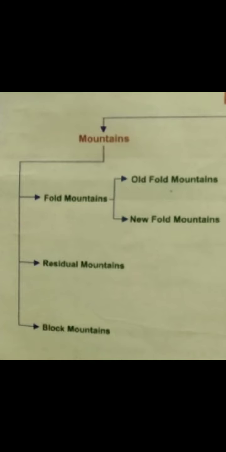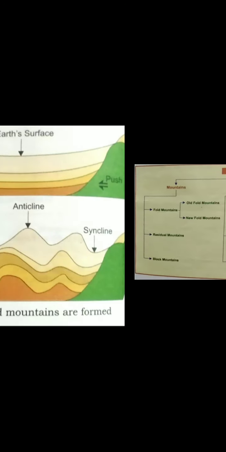Clear? Now we'll come to residual mountains. Can you follow this residual mountain? Now what does residual mountain mean? See, the dots give you the original height of the mountain. But after weathering, because of heavy rainfall, running water, wind and glaciers, the height of the mountain has reduced.